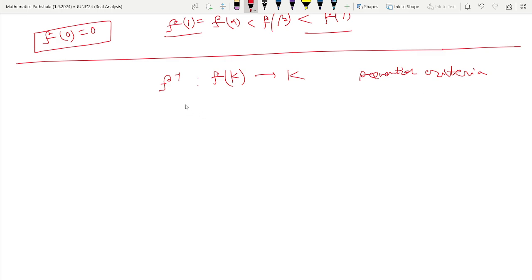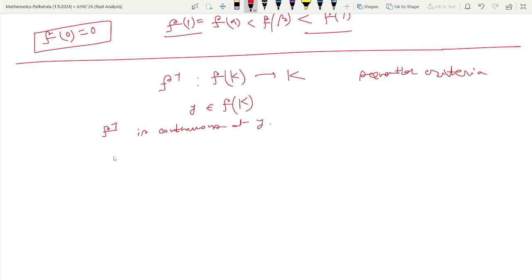So we take an arbitrary point y from this f(K), and we will show that f inverse is continuous at y.